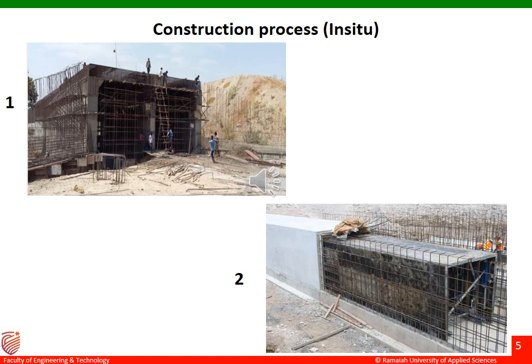First you put a layer of a mixture of coarse aggregates and fine aggregates, over that a PCC has to be laid, and then a layer of mortar has to be placed, and over that you start the construction of the box culvert.